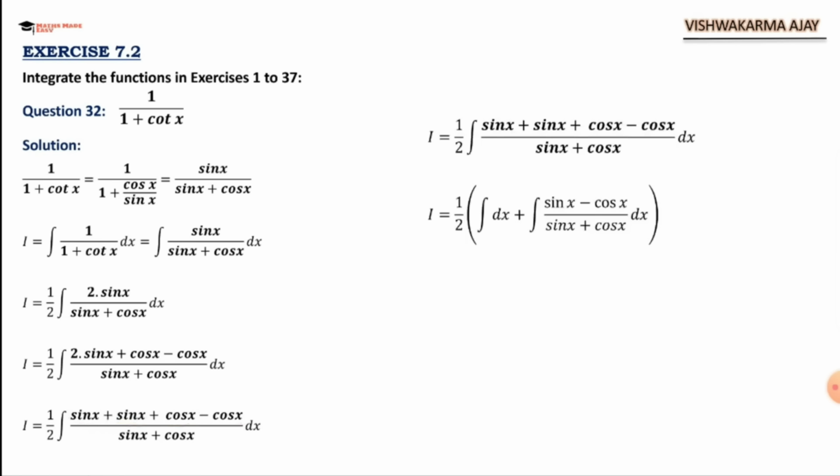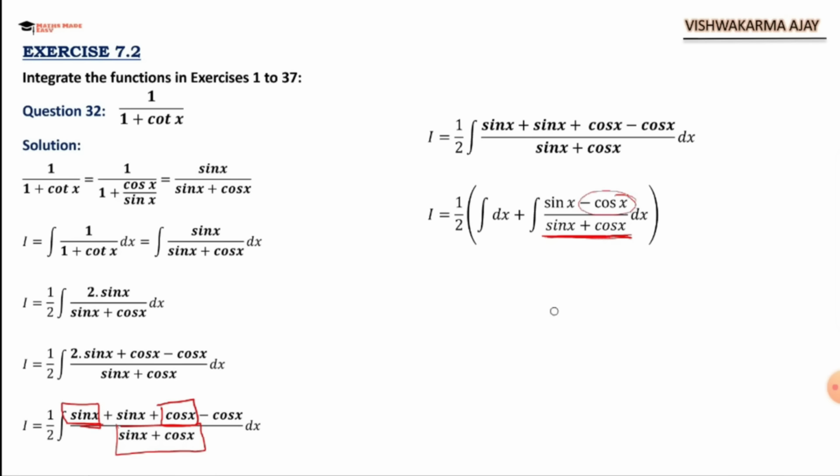Here it is. Sin x plus cos x, sin x plus cos x cancel each other, and we have dx, sin x minus cos x upon sin x plus cos x. Now you will see that if I take this as t, the derivative of sin x is cos x, and the derivative of cos x is minus sin x.